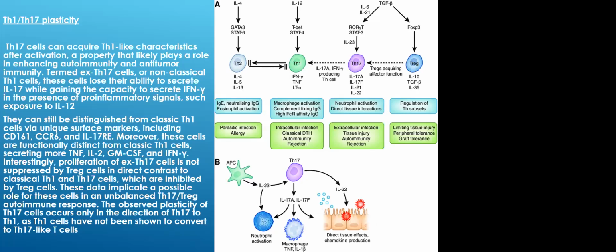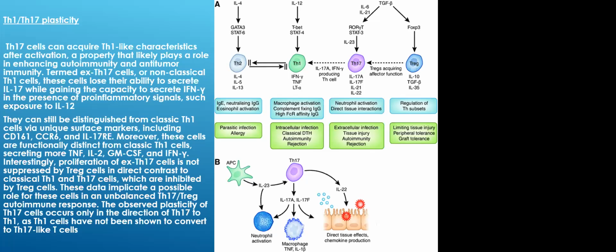They can still be distinguished from the classical Th1 cell via unique surface markers, including CD161, CCR6, and interleukin-17RE. I don't like to bring in all those genetics because it's for clinical, not that important for us. What's important is to know those general things that we can use when we are creating protocols.